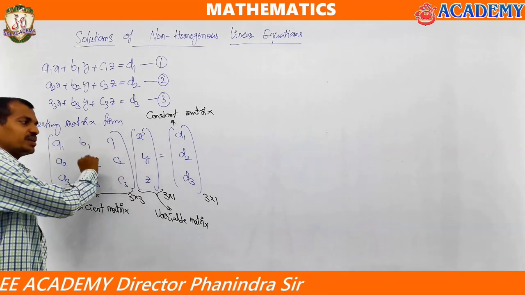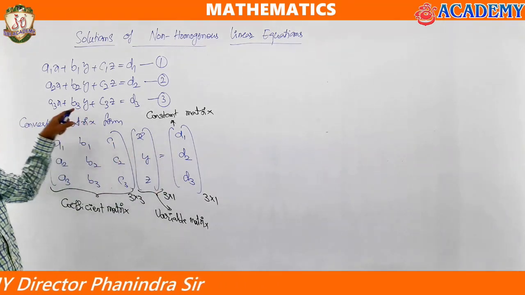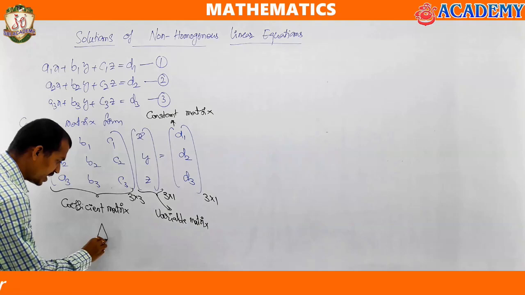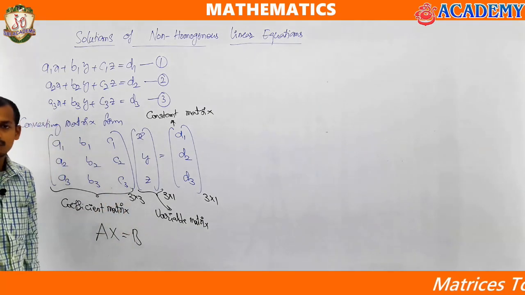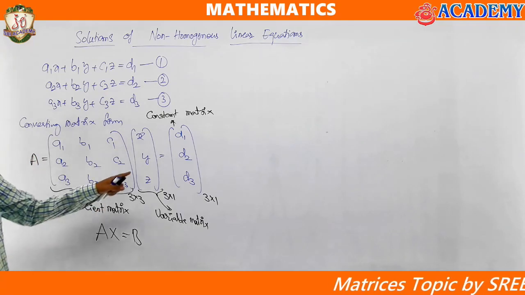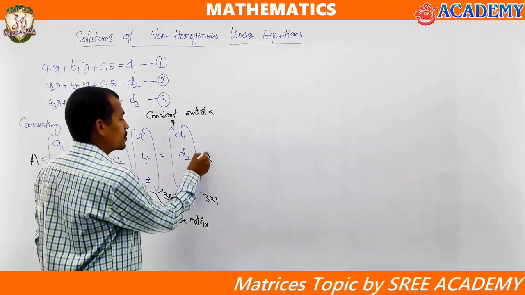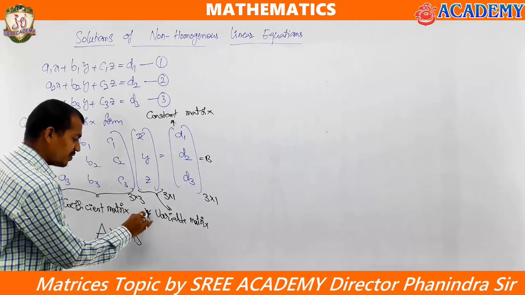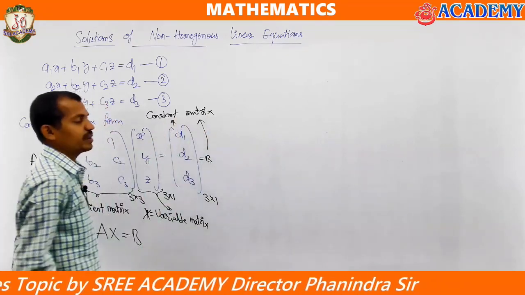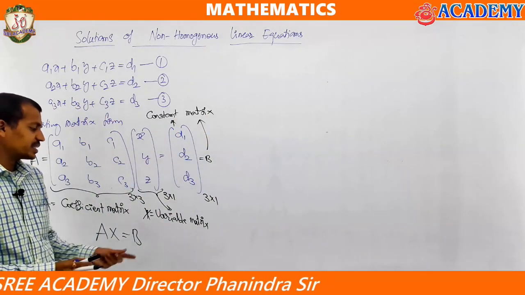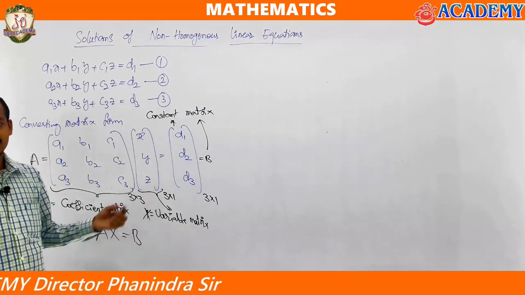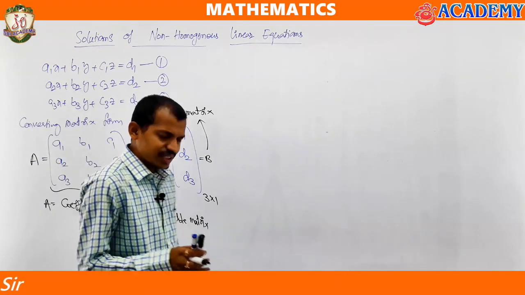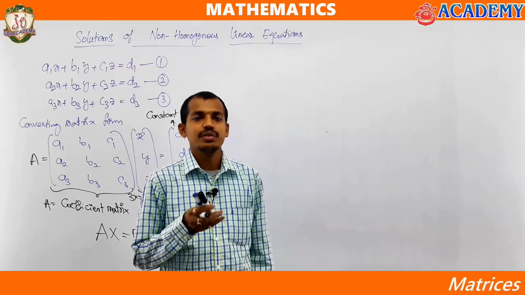So by multiplying these two matrices, we can describe the system as AX equals B. This is A, this is X, this is B. A is the coefficient matrix, X is the variable matrix, B is the constant matrix. The variable matrix X is nothing but these three values x, y, z. In ECET you are going to get some questions on this.